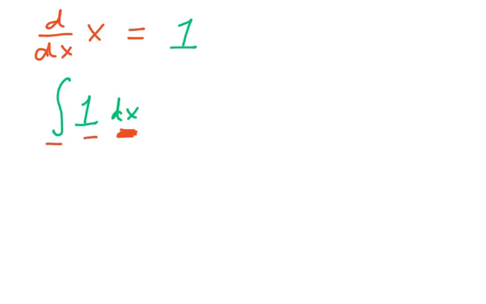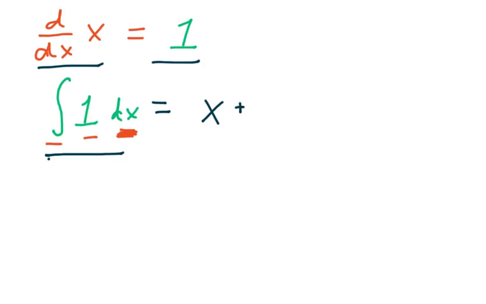But for the most part, we're just going to be having dx's. Okay, well, if I am going backwards, right, if the derivative of x was 1, that means that if I started with 1 as my derivative and wanted to go backwards, my original function where I came from was x.